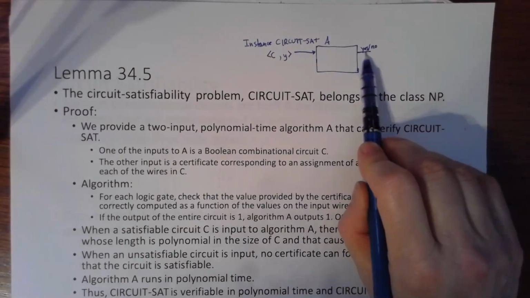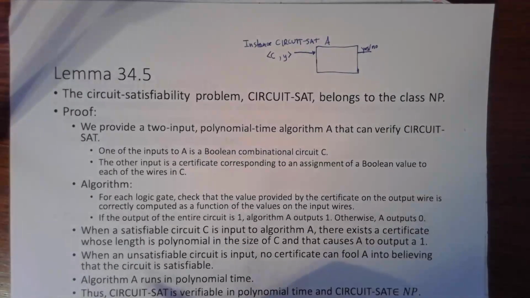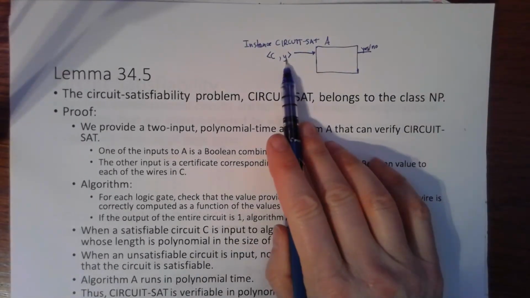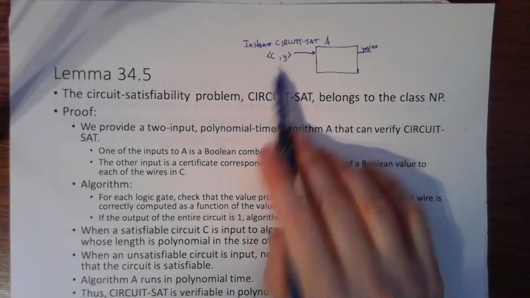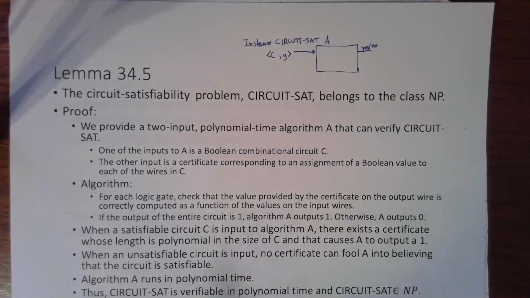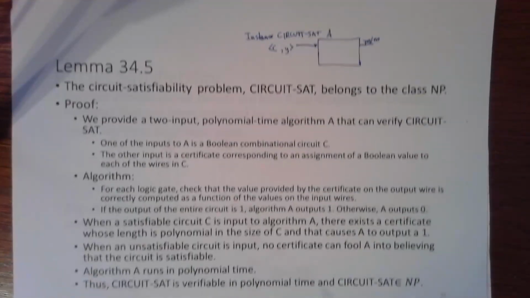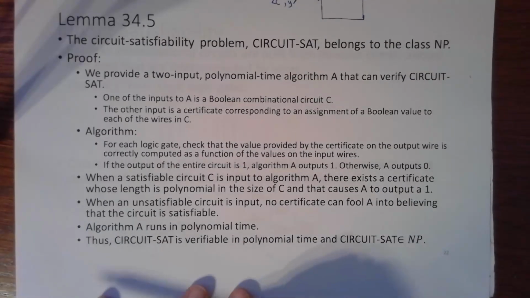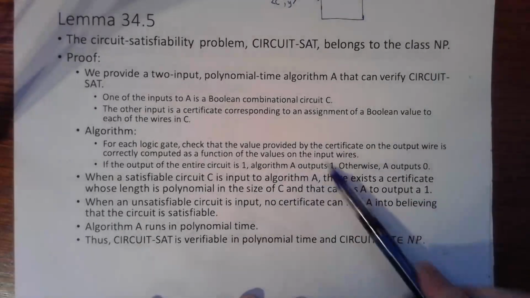Or if it answered no, we know that Y is not a valid solution. So we can verify whether it is a correct solution by just checking that the inputs correspond to the outputs. That's the way the algorithm works.